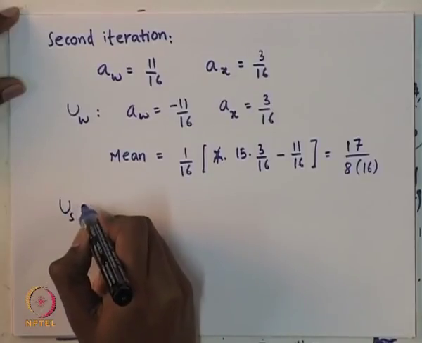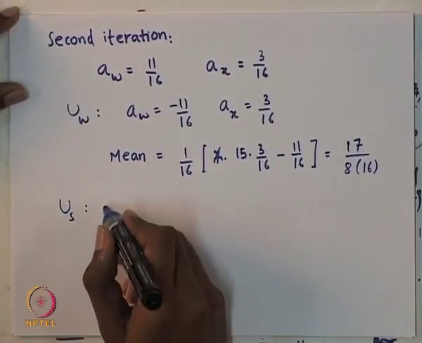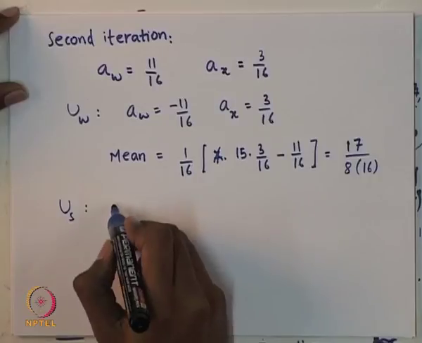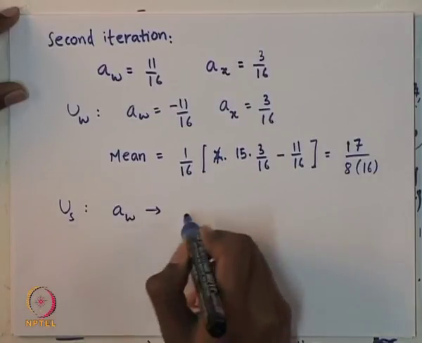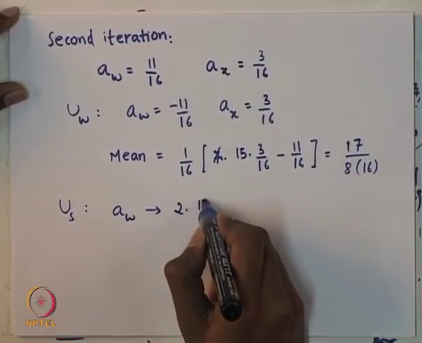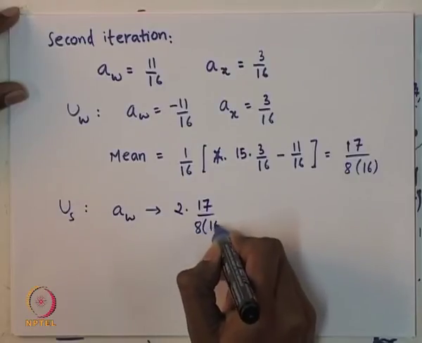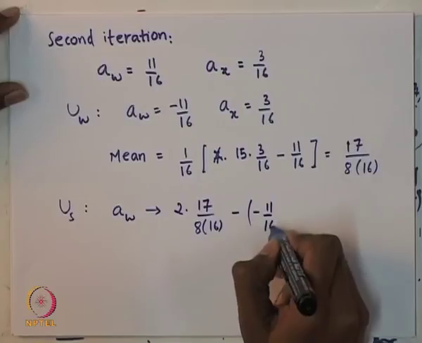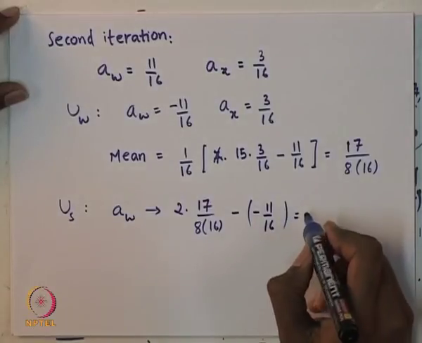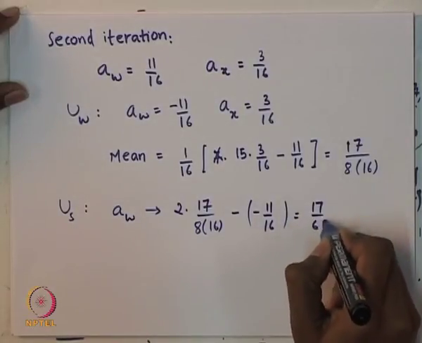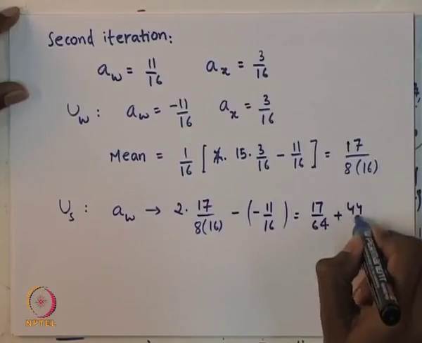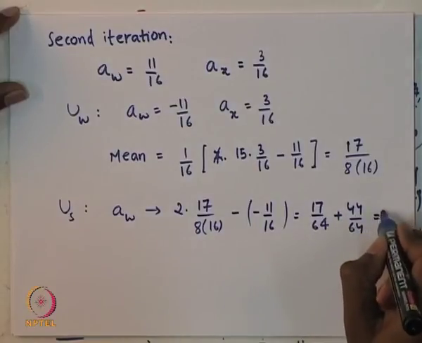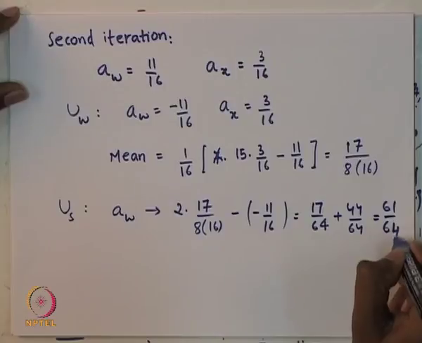So when the US gate is applied, we obtain AW as 2 times the mean minus AW, which is 17 divided by 64 plus 44 divided by 64, which is nothing but 61 divided by 64.